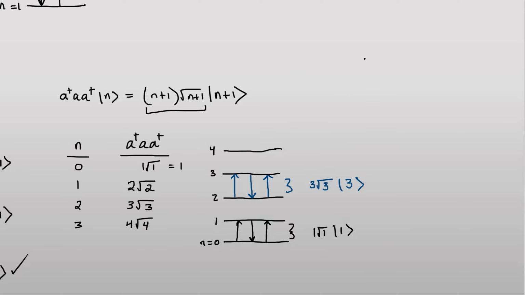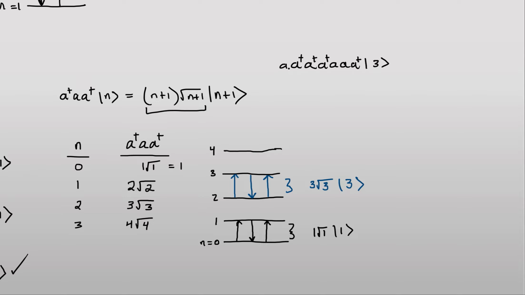So say we start at, I don't know, our 3 energy state. We can create, then we can annihilate, then annihilate again. And then let's say we create a bunch of times, have a bunch of creation operators.